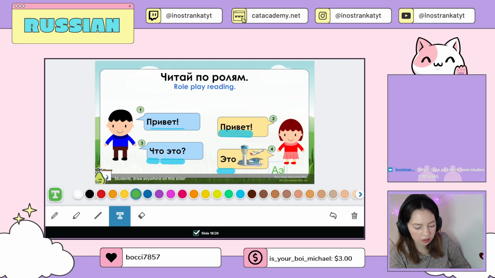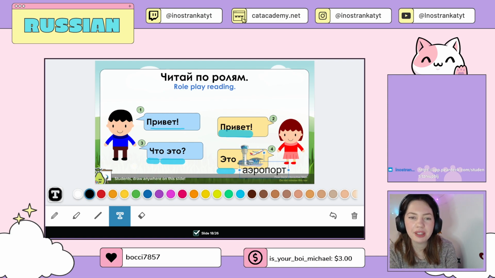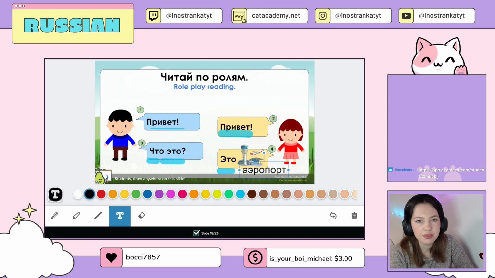You can write with small letters. Аэропорт. Что это? Это аэропорт. Аэропорт. Not that difficult. Maybe the writing is a little bit, but it's okay. It's only second lesson, so don't worry.